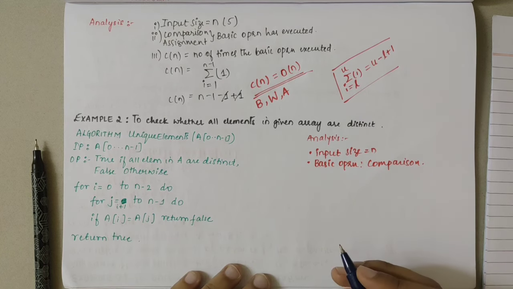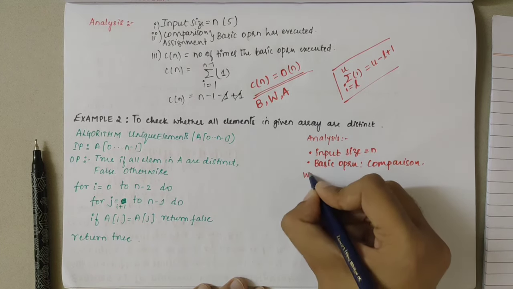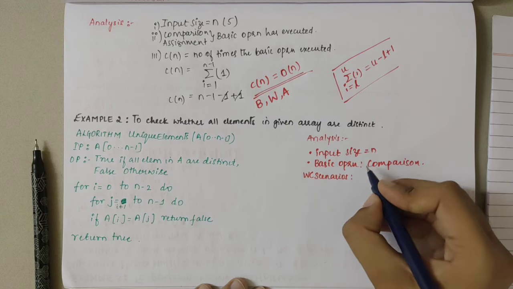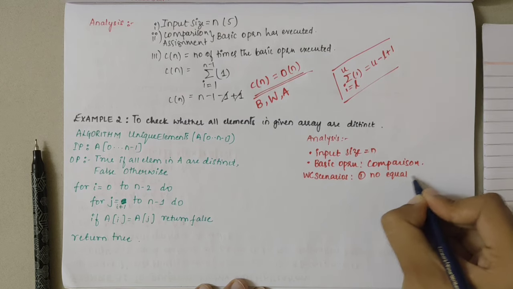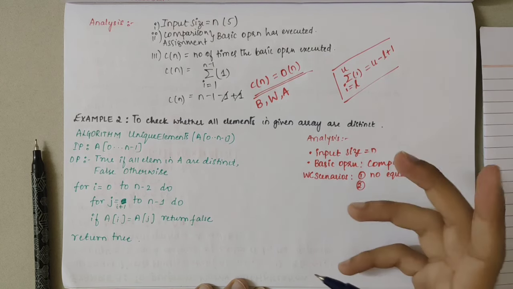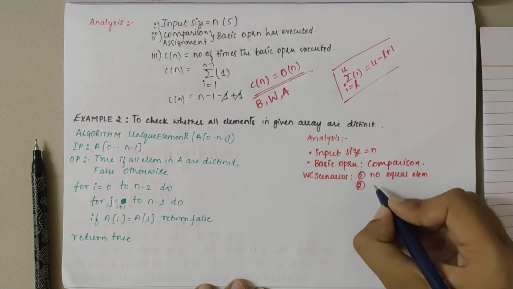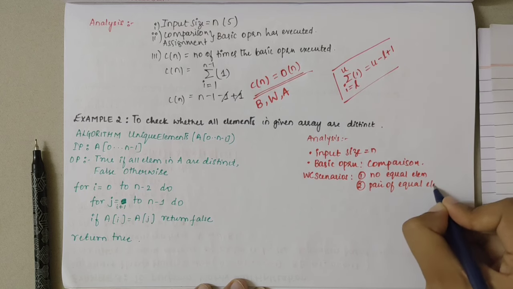Here for the worst case scenario, there are two scenarios. One is an array with no equal element. The other one is an array in which only two elements are a pair of equal elements.